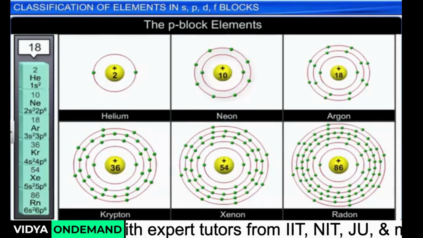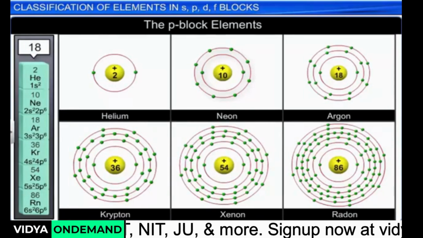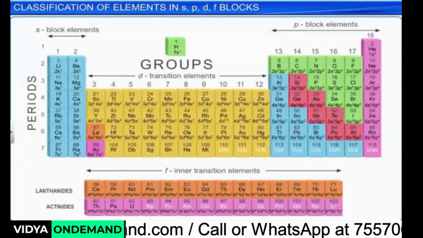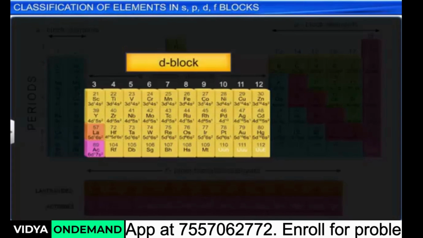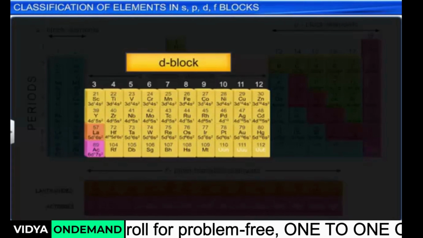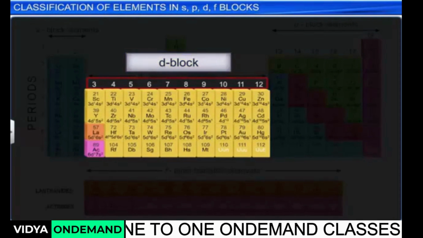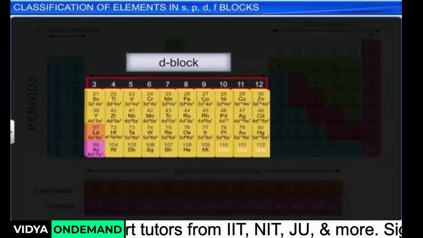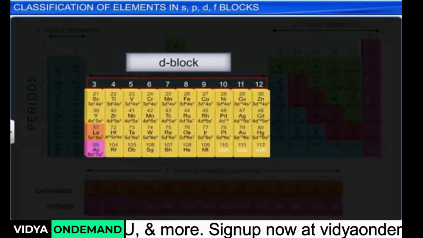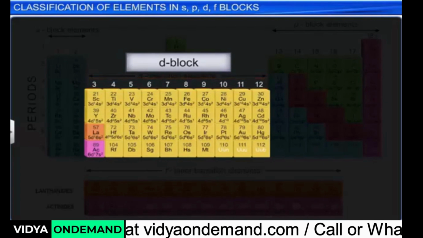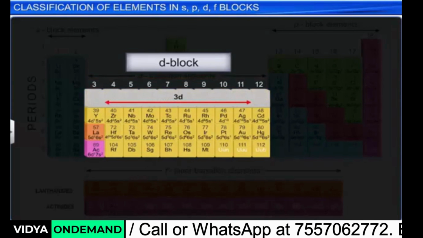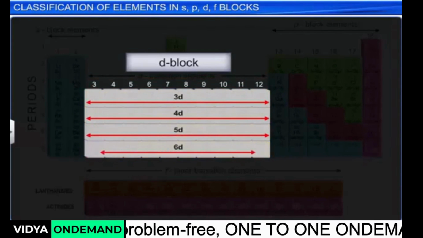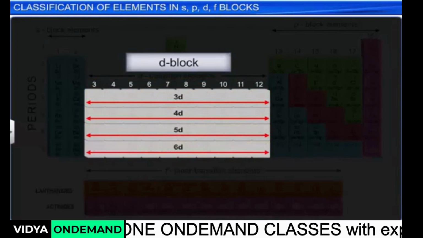Next, let's look at the d-block elements. The elements belonging to group 3 to 12 in the center of the periodic table are called the d-block elements. As the differentiating electron or the last electron enters into the penultimate or second outermost shell, that is, the (n-1) d orbital, they are referred to as d-block elements.